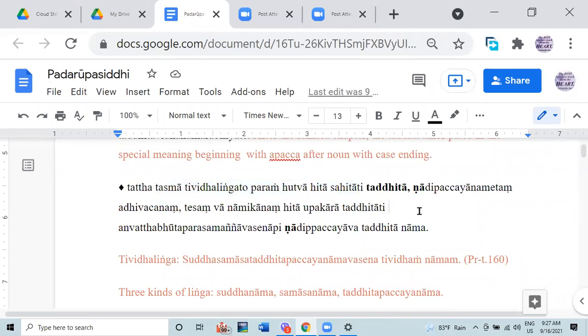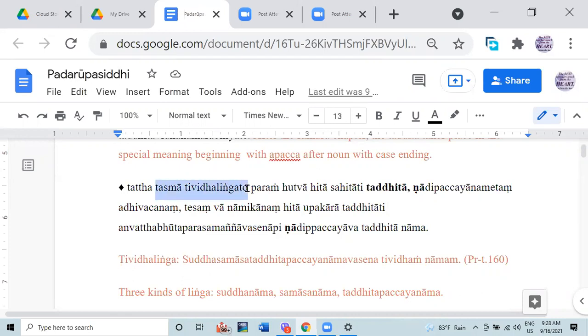So Tivida linga do Parahodoa Hida Sidati Tadida. How can we translate? Tadida: the suffixes which are with benefit after threefold nouns.